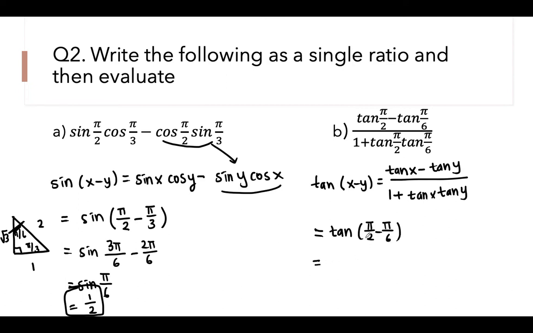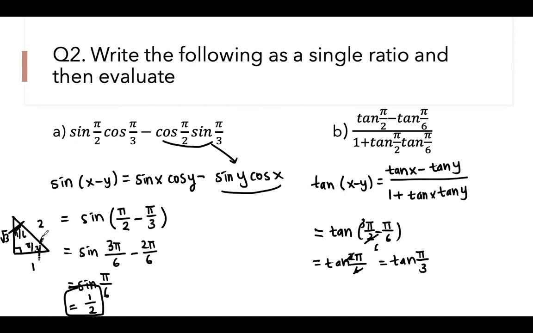So make a same denominator. This is going to be 3 pi over 6 minus pi over 6, so it's going to be tangent 2 pi over 6, which is tangent pi over 3. So using a special triangle, pi over 3 is over here.